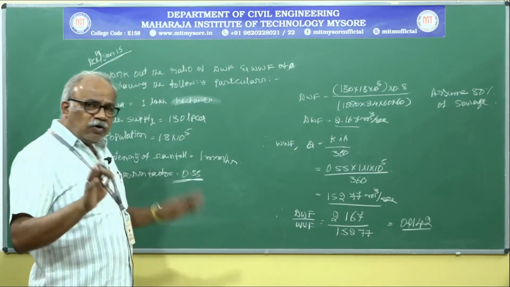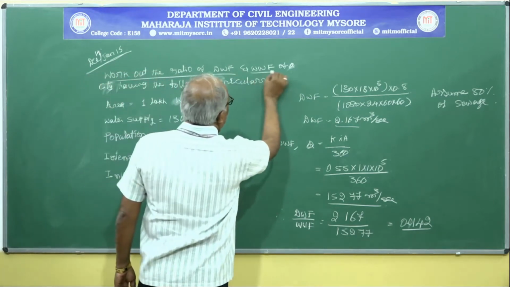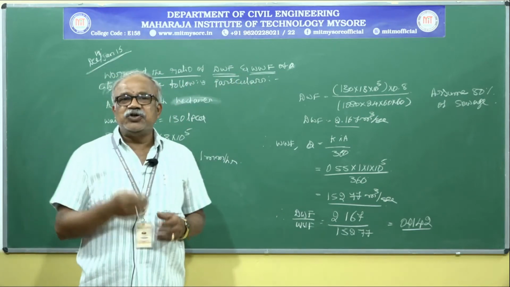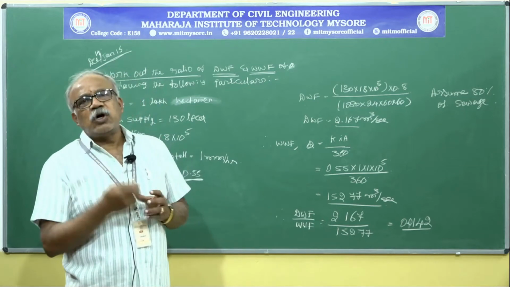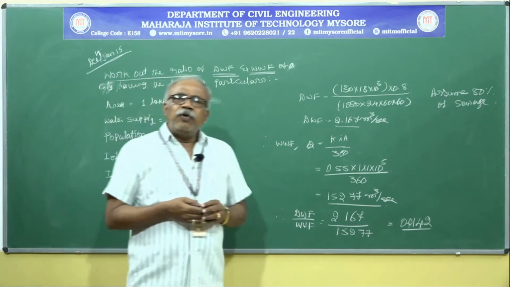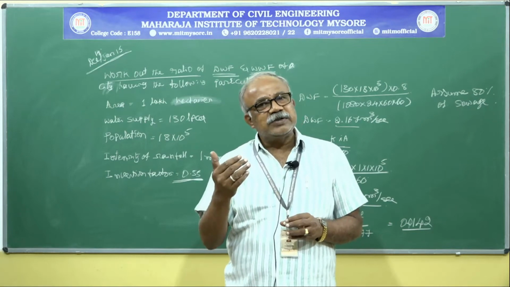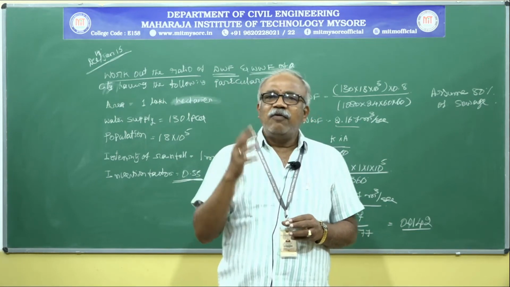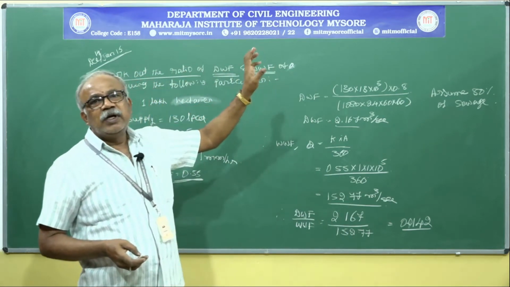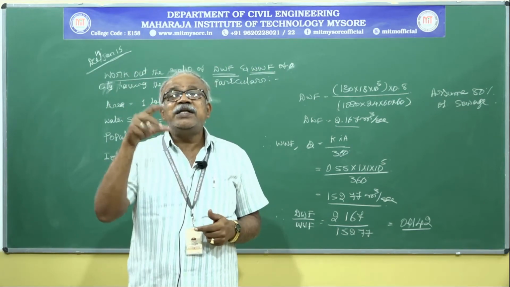According to the problem, we have to calculate the ratio of dry weather flow and wet weather flow. How to start this? In the previous classes, we already learned what equations we have to apply for the dry weather flow and wet weather flow. The equation ultimately depends on the intensity of rainfall.